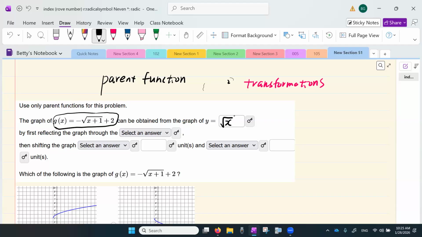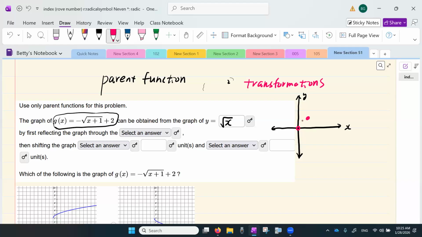Do you know the graph of the square root function? You need to be very, very familiar with the graph of the parent function. In this case, it is the square root function, okay? Firstly, when x equals 0, y is 0. When x equals 1, square root of 1 is 1. When x equals 2, square root of 2 is root 2.